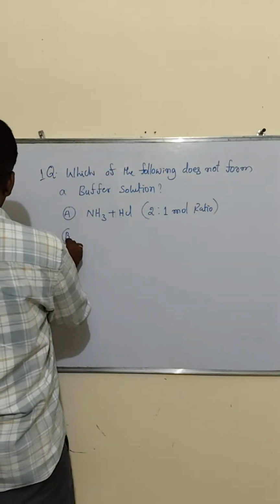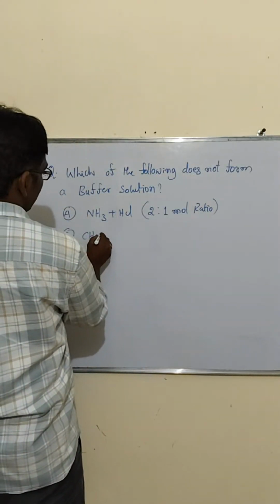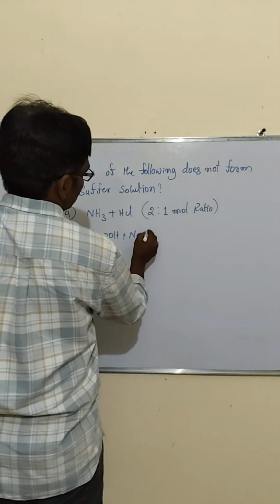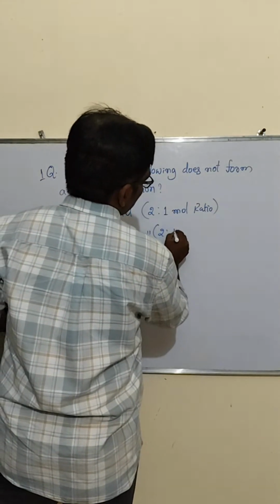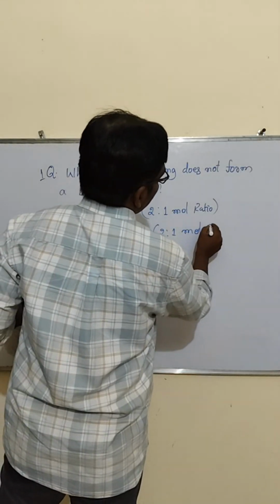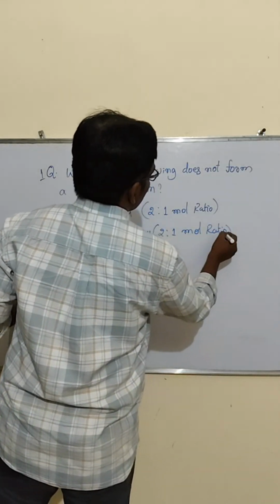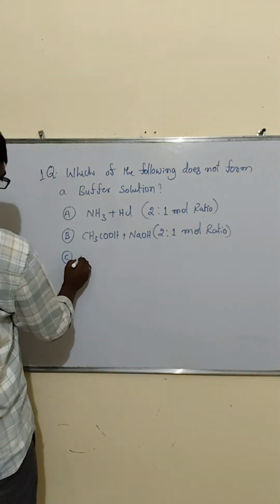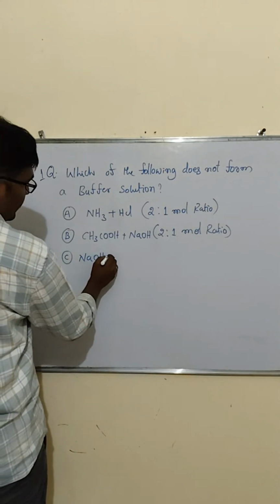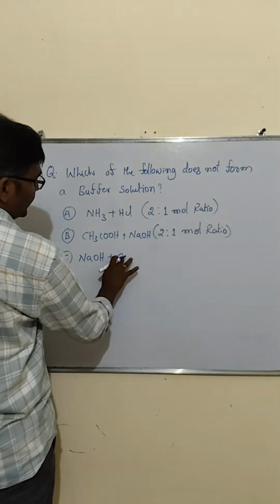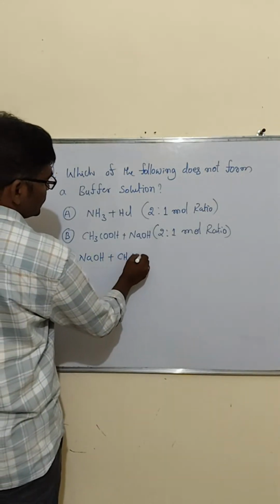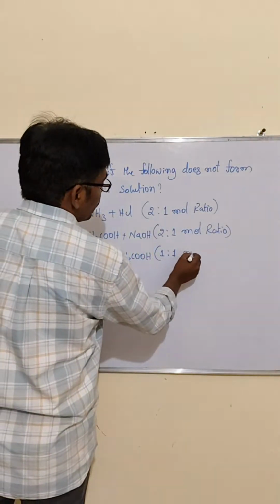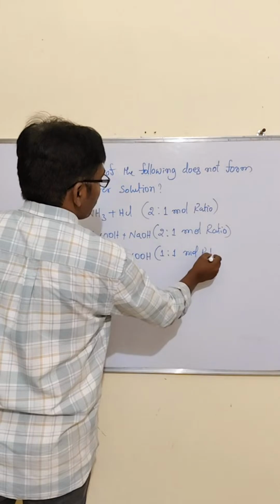Then option B: CH3COOH plus NaOH, even this is also 2:1 mole ratio. So observe, students. Then next, NaOH plus CH3COOH in 1:1 mole ratio.